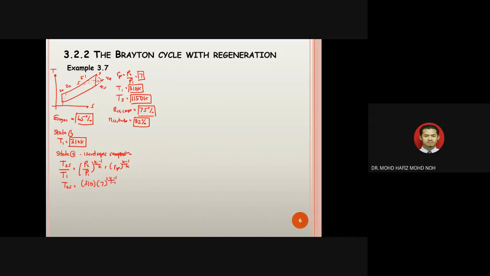So you get the value of T2S equal to 540.528 Kelvin.